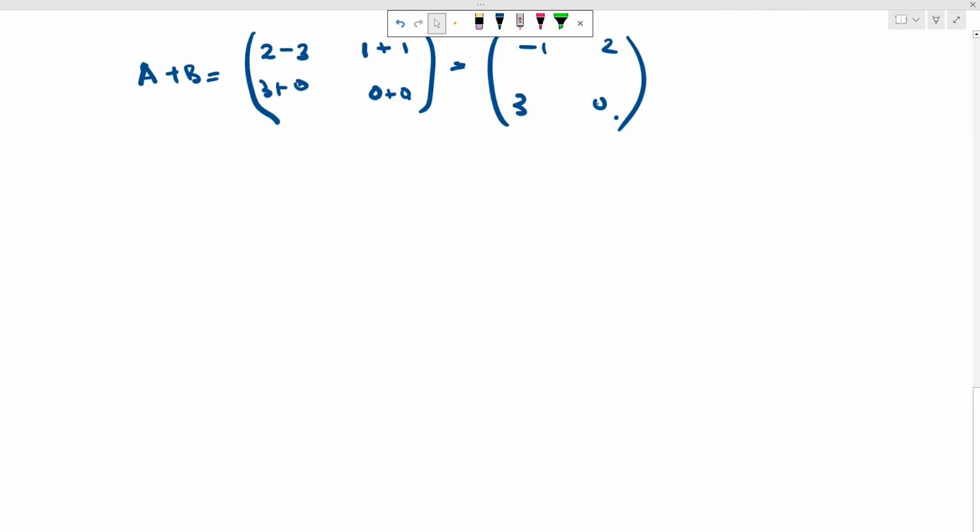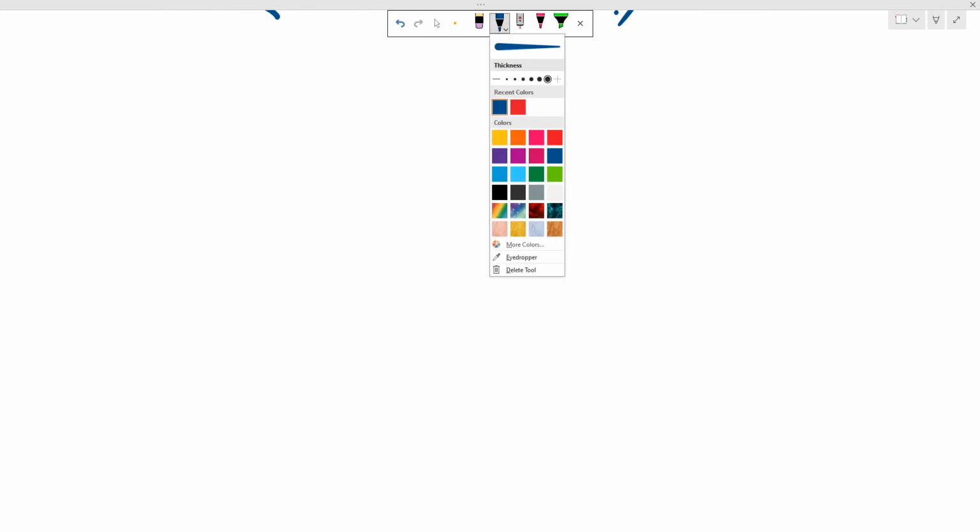Now we will see the multiplication of two matrices. Now here the condition is the matrices should be compatible.